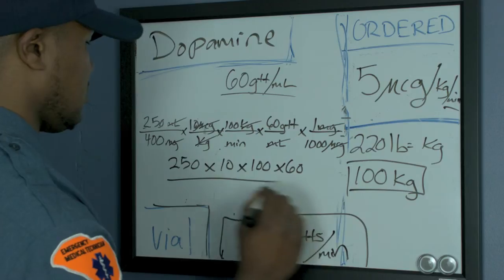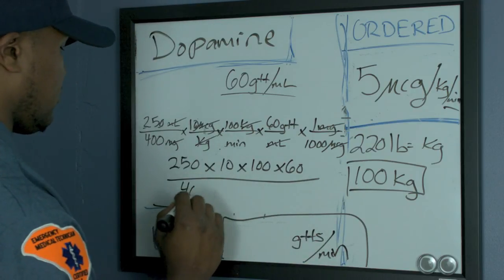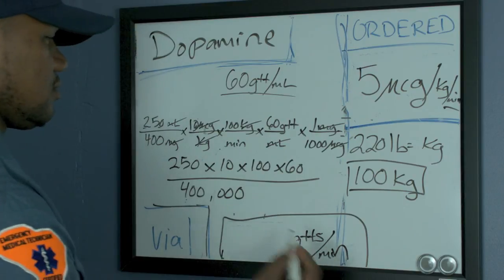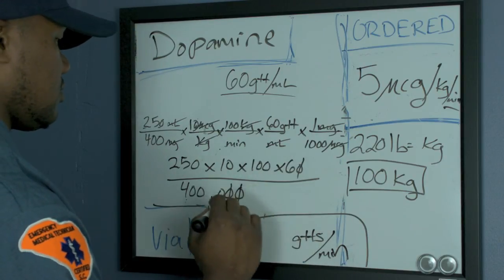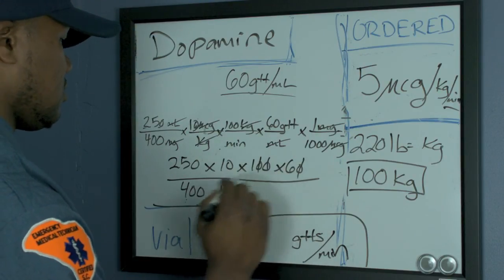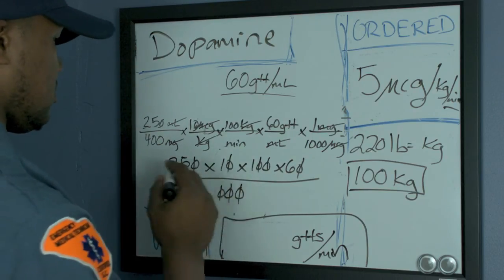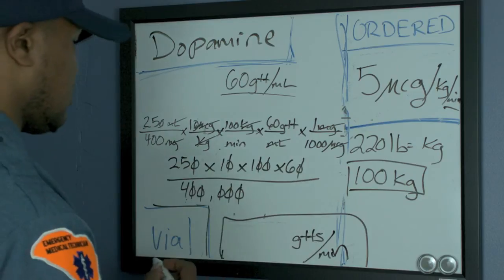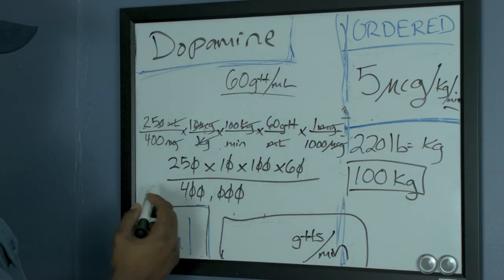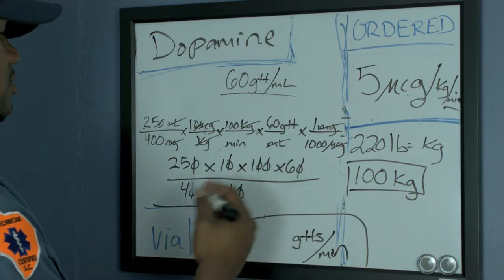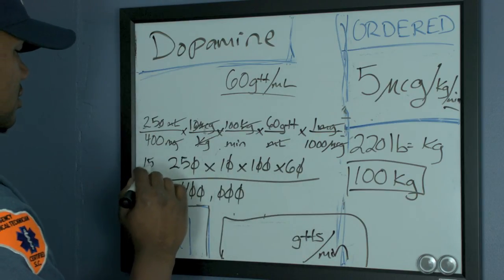60 all over 400,000. Right? 25 times 6 is what? 25 and 4 is 100. So plus two more, that should be 150.